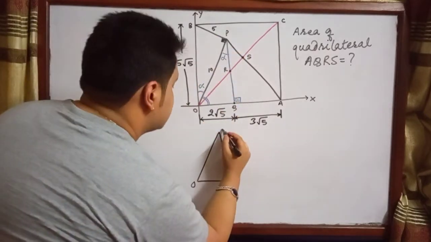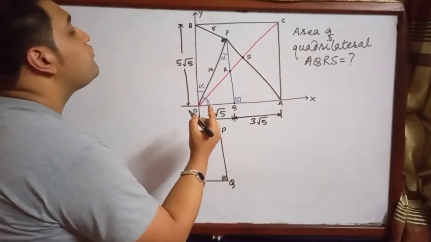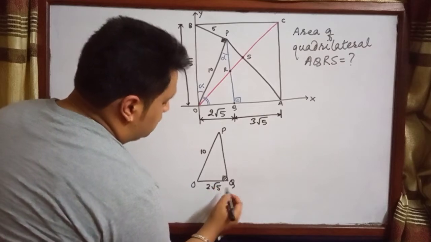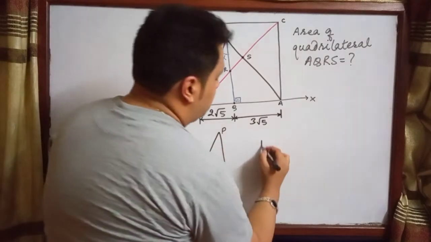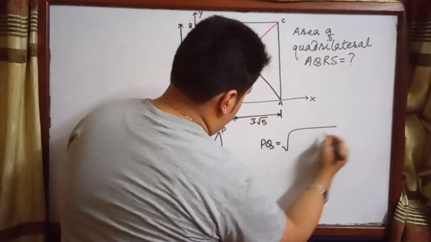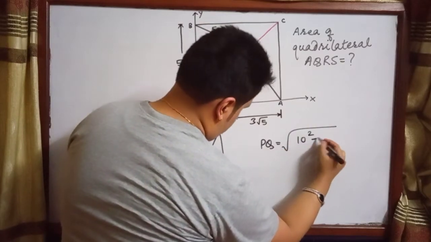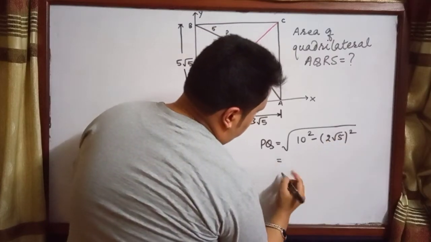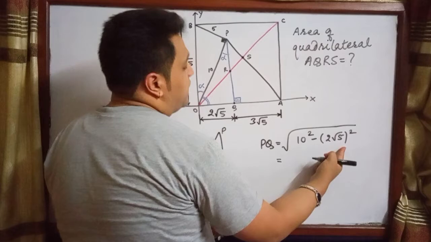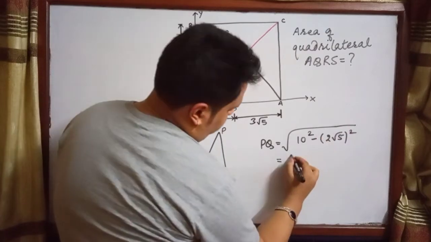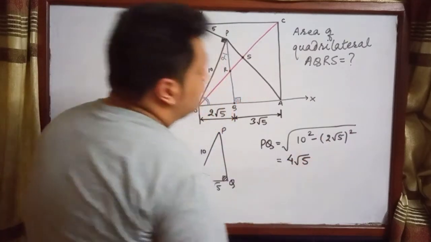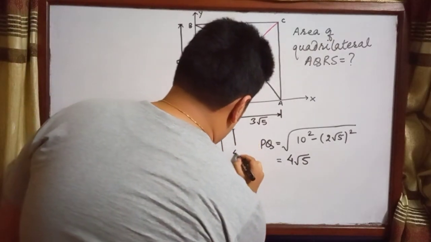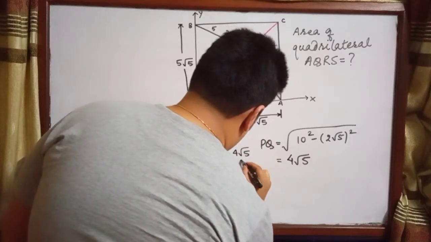It's O, it's P, it's Q, and this is 10, this is 2 root 5. So by Pythagoras theorem, PQ is equal to the square root of 10 squared minus 2 root 5 squared. This is equal to 100 minus 20, which is 80. So this is equal to 4 root 5. This length is equal to 4 root 5.